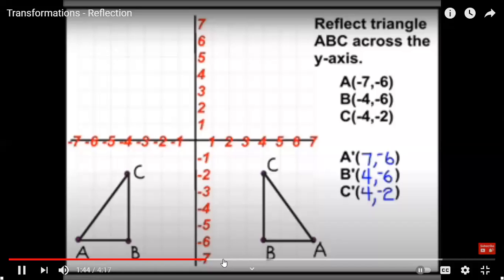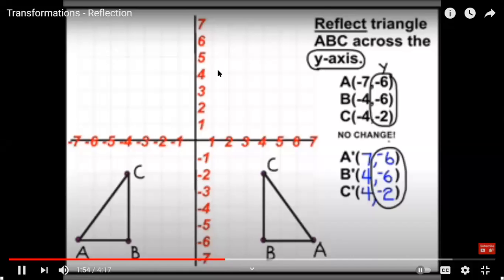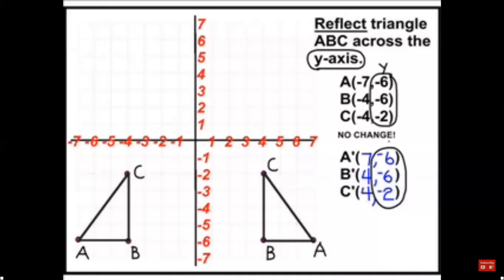Okay, let's continue. Point A had absolute values of 7 and 6, and when we changed it, the numbers still stayed 7, 6, but there was one thing that did change. Take a look at each of the x values. All of the x values were negative, and after we reflected the object, all of the x values became positive. That brings us to a rule.